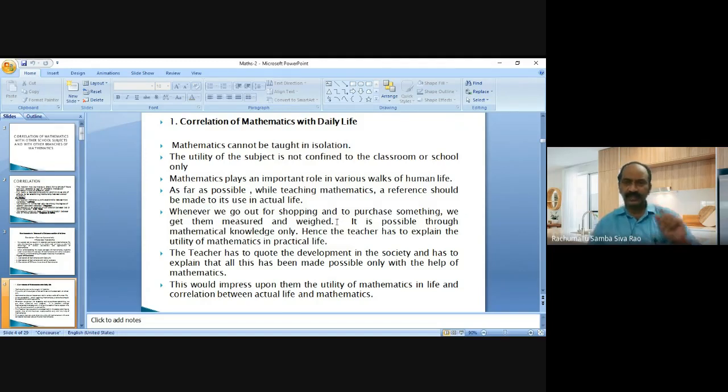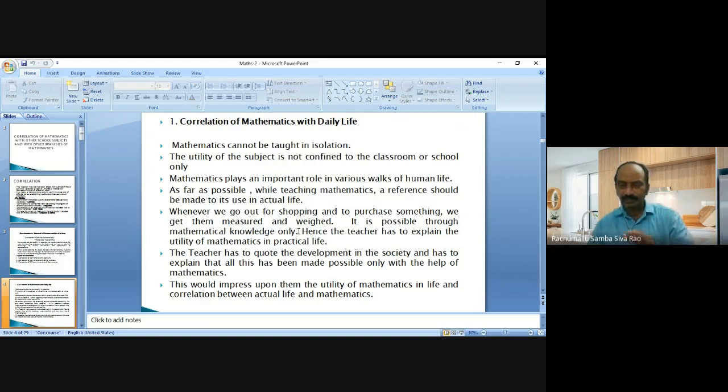Definitely he has to go to a kirana shop and ask, give me 1 kg sugar, or half kg sugar, or 100 gram sugar, whatever it may be. So that should be weighed. It is possible through mathematical knowledge only.